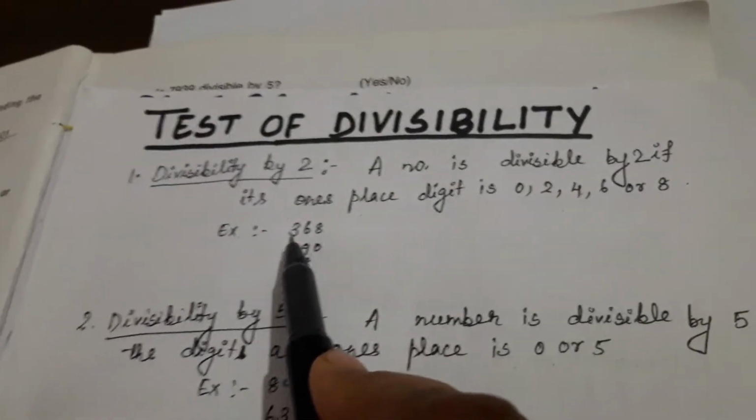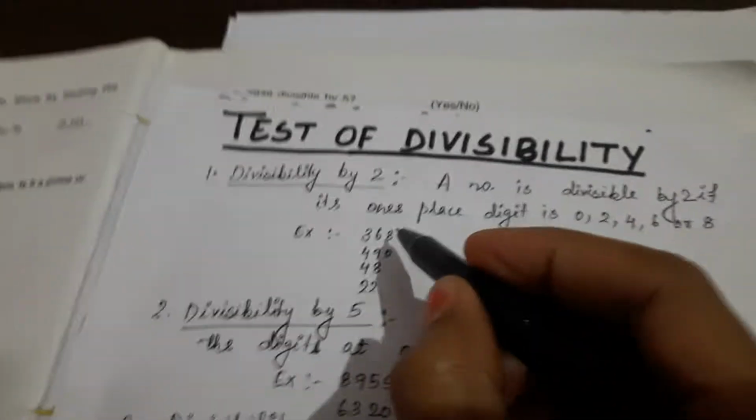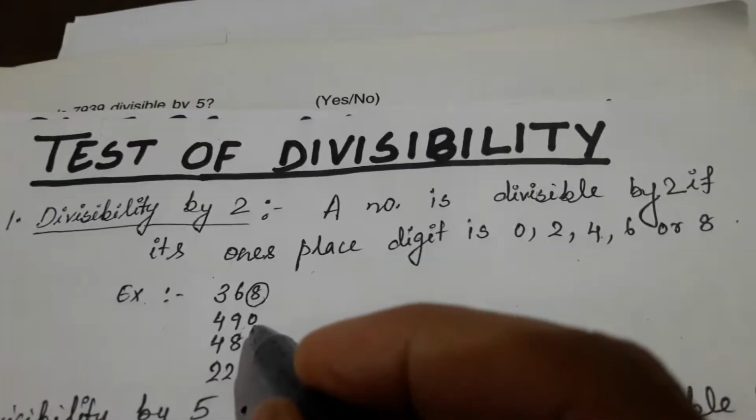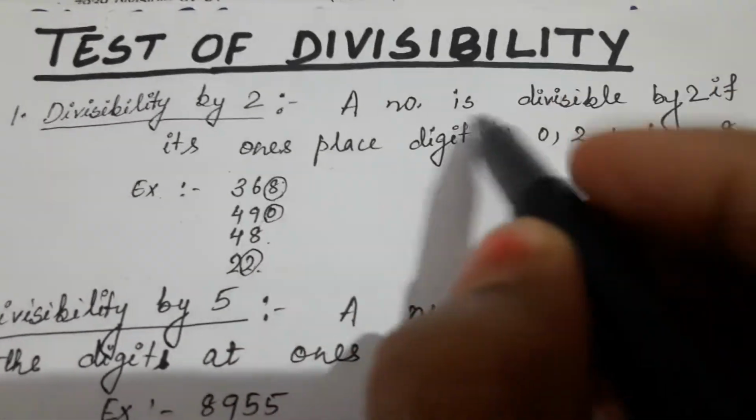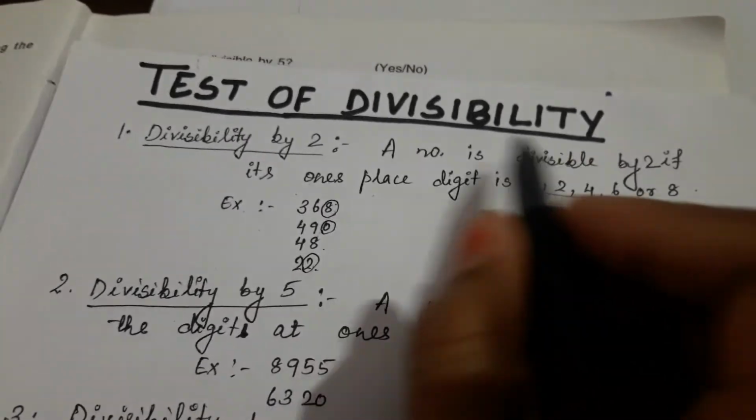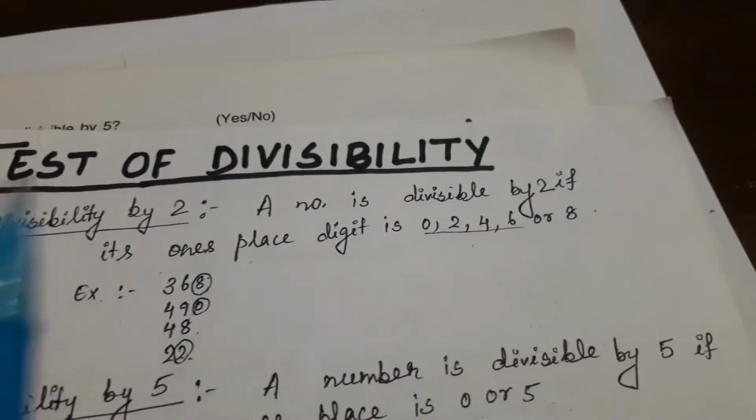For example, 368, 490, 48, 22. See the ones place digit here: 8, then 0, then 2. These are all the ones place digits which I have told already. So these are divisible by 2.